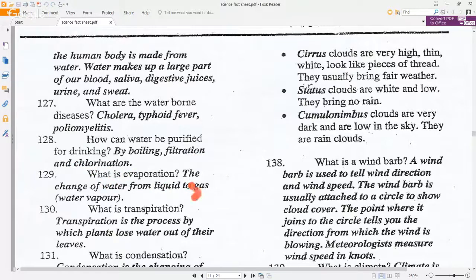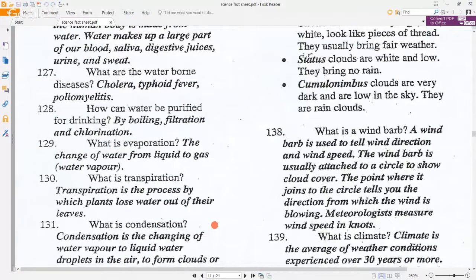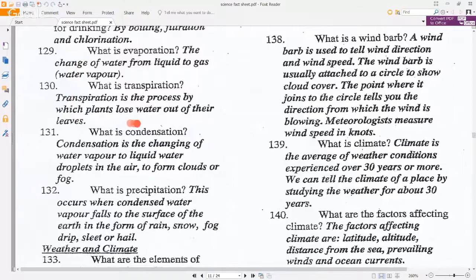What is evaporation? Evaporation is the change of water from liquid to gas or water vapor. What is transpiration? Transpiration is a process by which plants lose water out of their leaves. What is condensation?